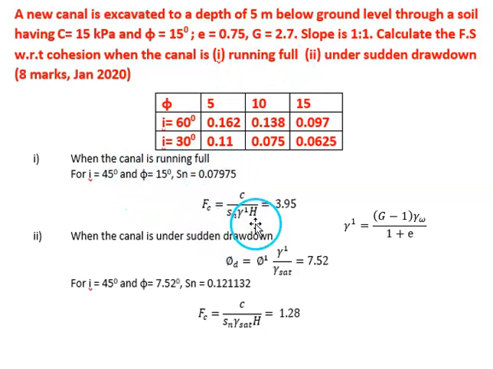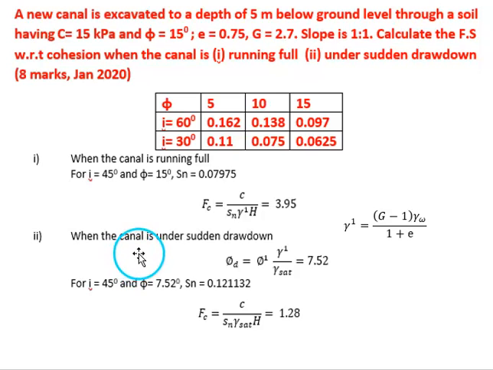So when the canal is running full, we have taken the submerged unit weight and corresponding phi value. So the phi value is 15 degrees and the i value is 45 degrees, because the slope is given as 1:1. Corresponding to these two values, the stability number is 0.07975 from the table. From this the factor of safety is estimated.